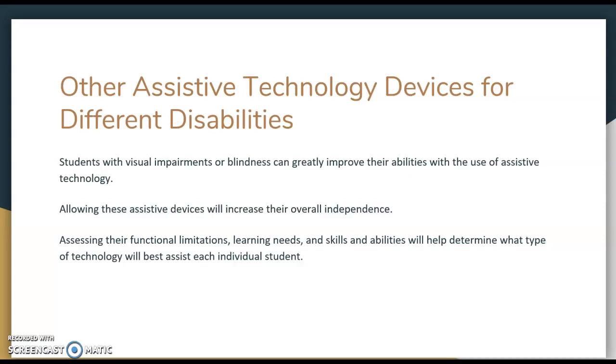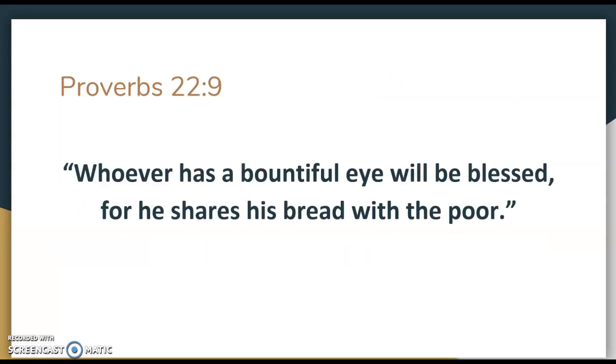And assessing their functional limitations, learning needs, and skills and abilities will help determine what type of technology will best assist each individual student. So you're going to assess each student individually regardless, and making sure you assess them correctly will help you come up with the best device or technology assistance that they will need and will create the most successful opportunity for them.